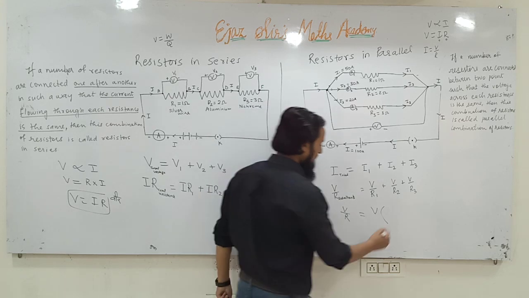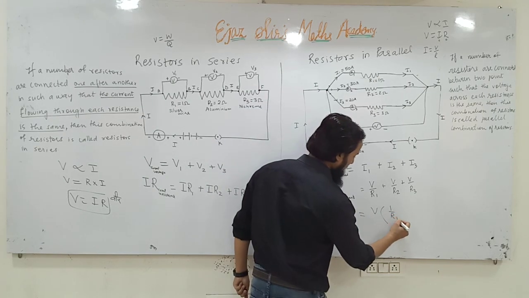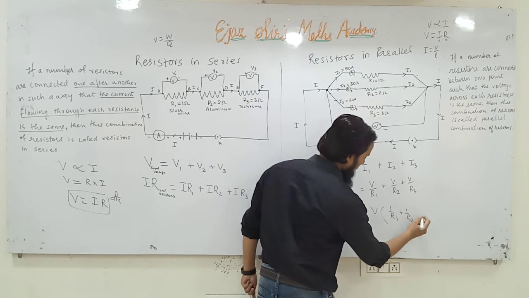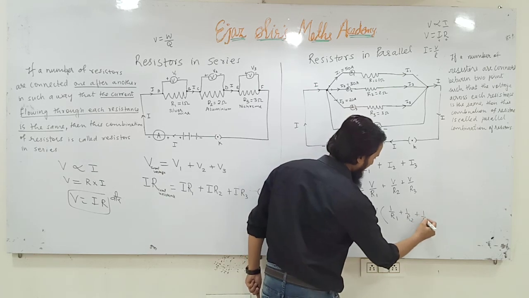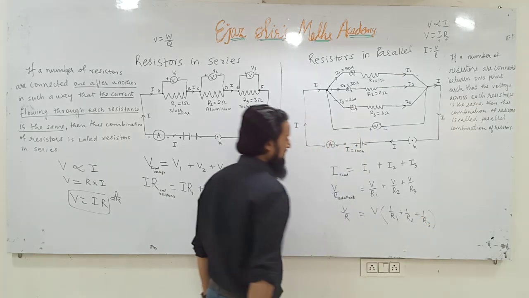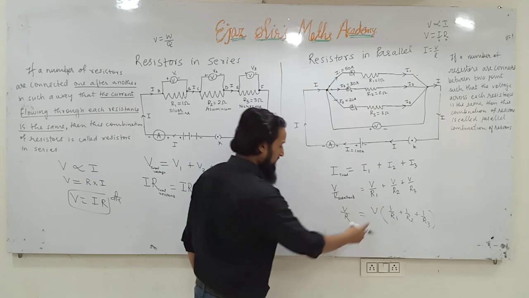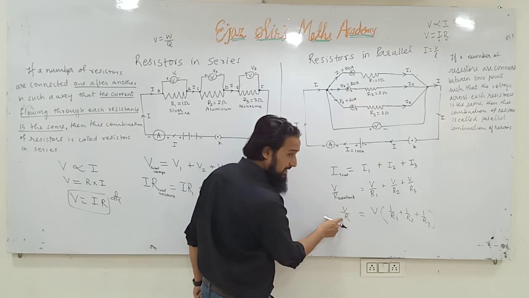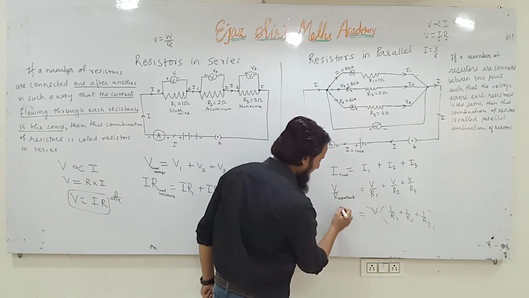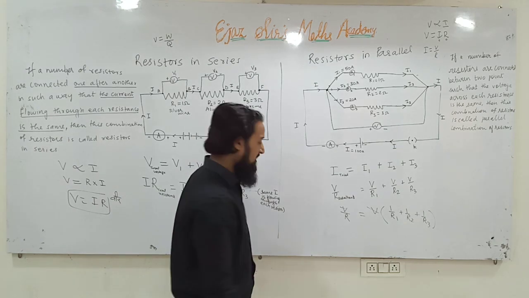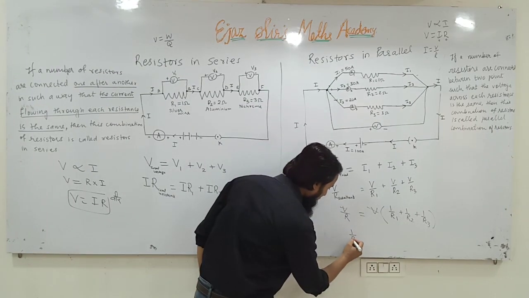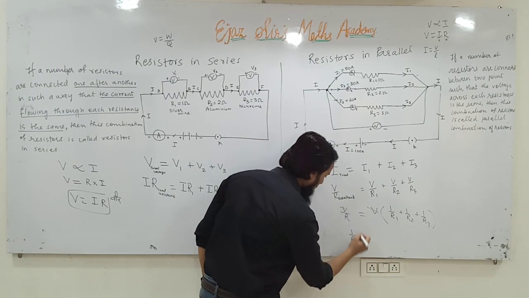Then I will write V times 1 by R1 plus 1 by R2 plus 1 by R3. V is common and this V will come here beside R and these two V will get cancelled. What is left? 1 by R parallel or resultant.